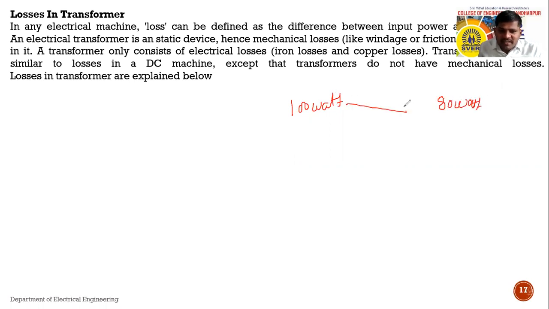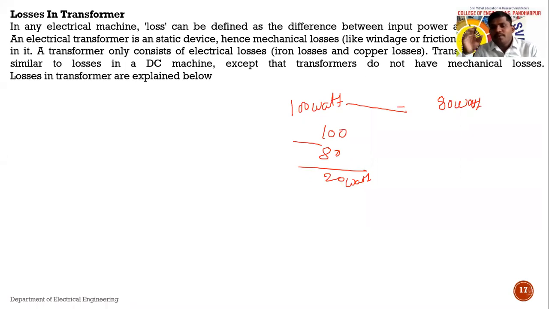The difference between these two, that is 100 minus 80, is 20 watt. It is the loss of that transformer. So all of you understood the definition of loss: it is the difference between input power and output power.